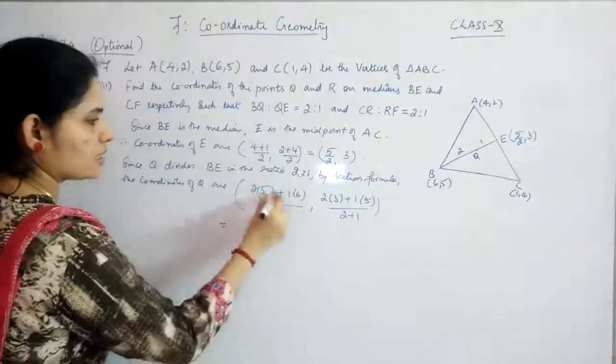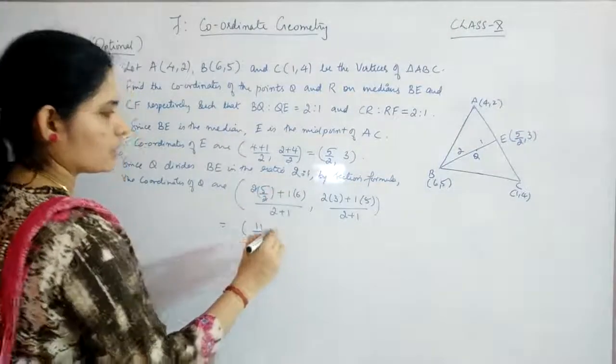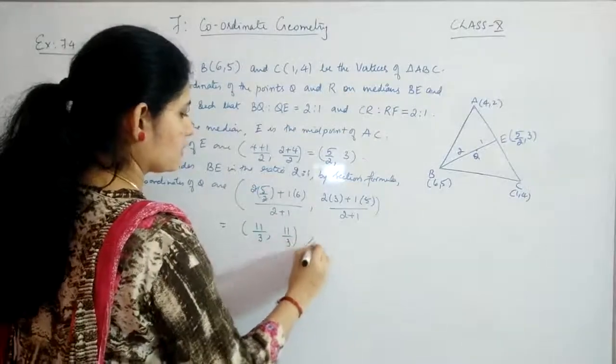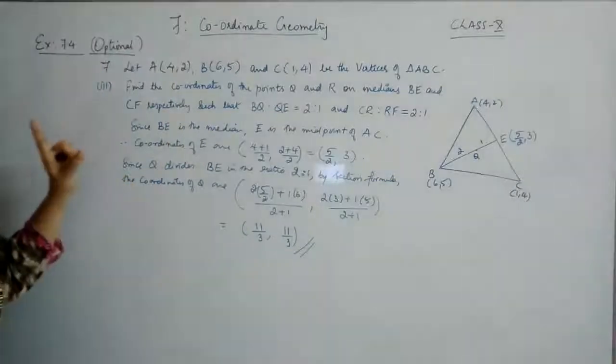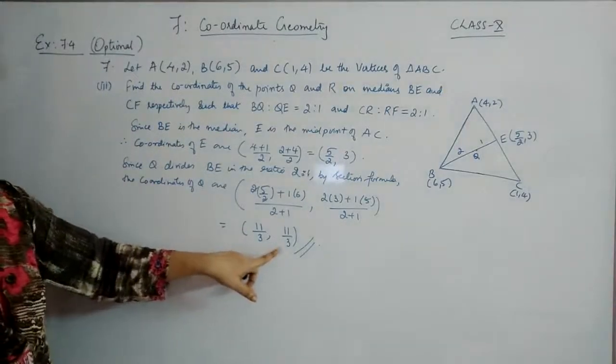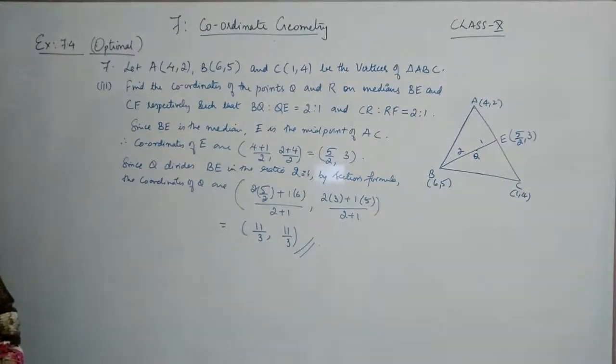That is, you will get here 5 plus 6, which is again 11 by 3, comma this is 6 plus 5, 11 by 3. So you can just see P, the point P which we got, that was also having the same coordinate 11 by 3, comma 11 by 3. Here Q is also having the same coordinate 11 by 3, comma 11 by 3.